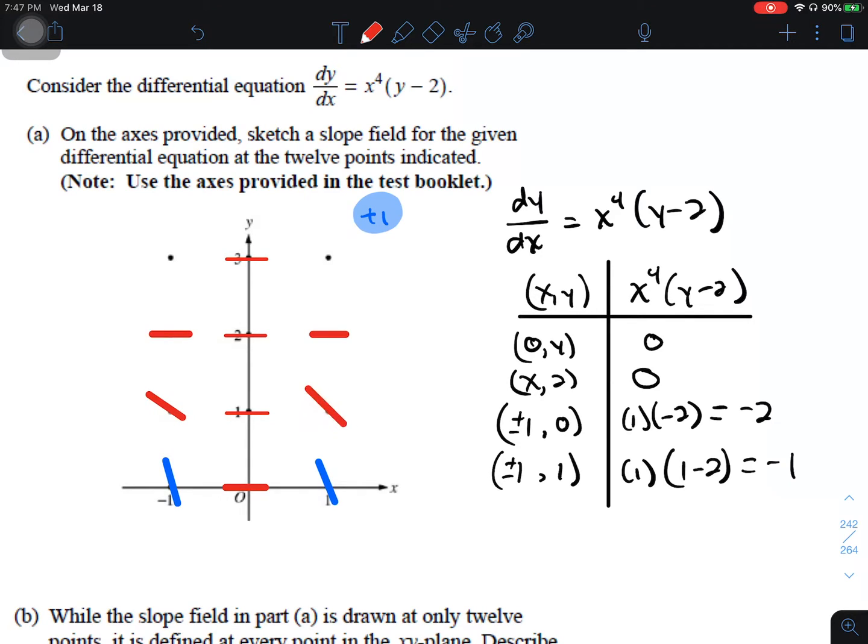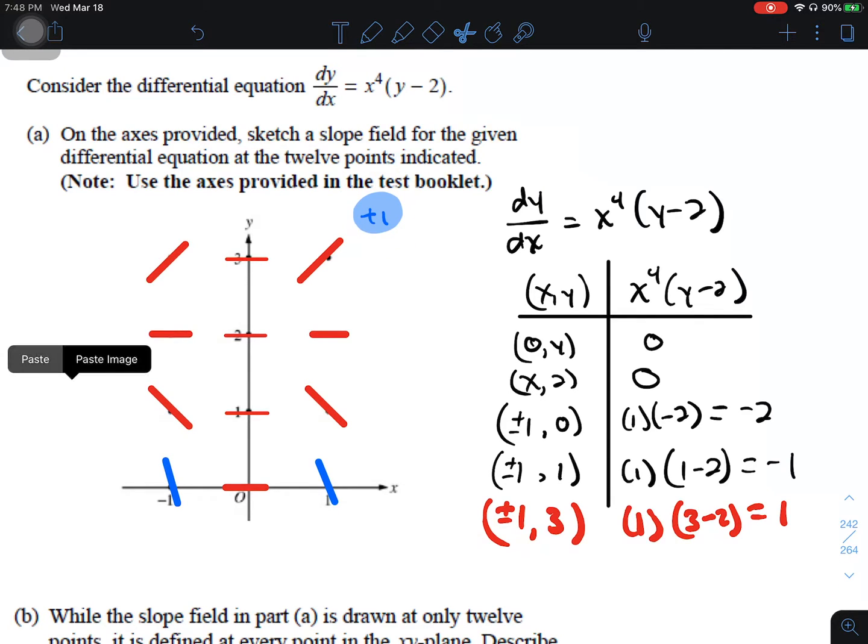At +1, 1, it's also -1. Then if we went up to the y value of 3, and the x value could be -1 or +1, we're going to get 1 again, and then 3 minus 2 is 1, and 1 times 1 is 1. So this slope is +1, this slope's +1.